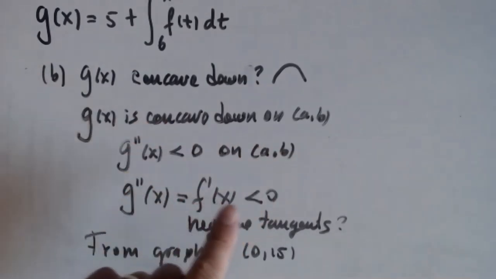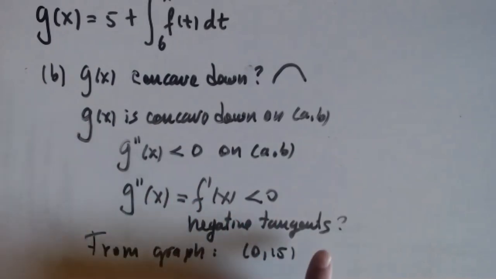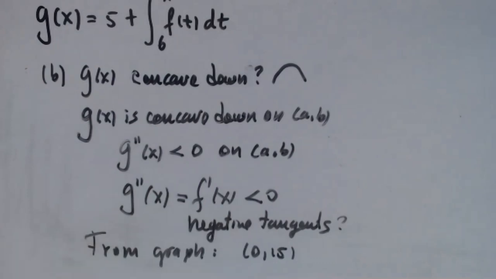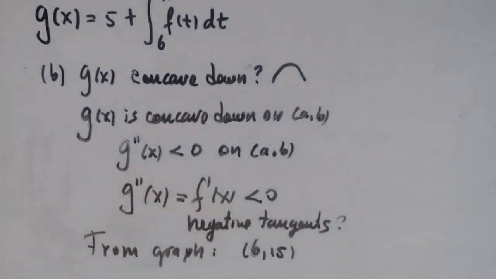Then this is the application of the problem. G double prime is f prime of X. This has to be negative. Negative tangents from the graph, 6 to 15. Yeah, I don't know why I put a 0. That's 6 to 15, right? Okay, not a big deal.